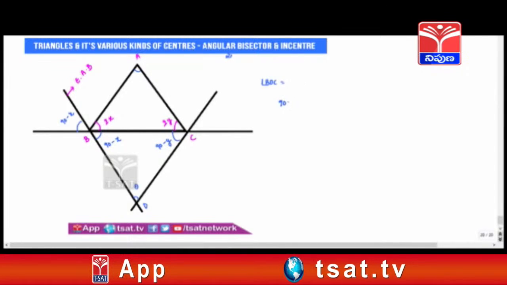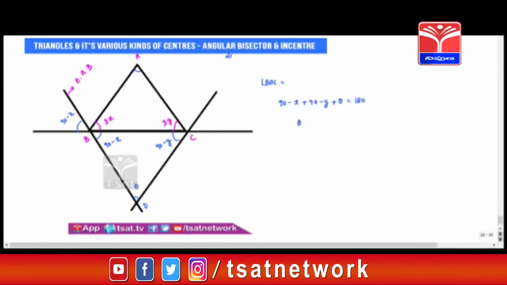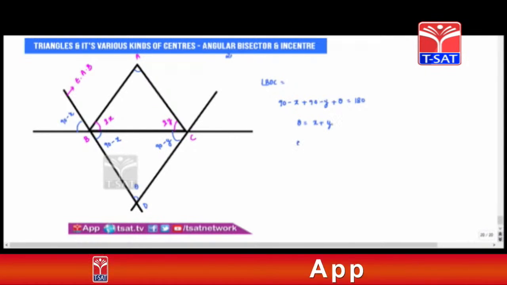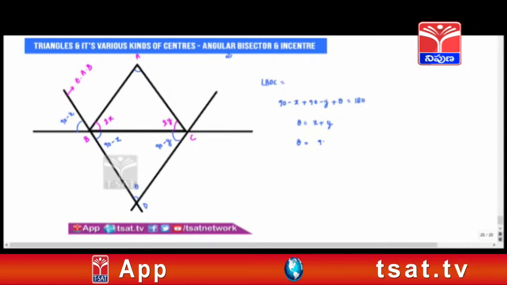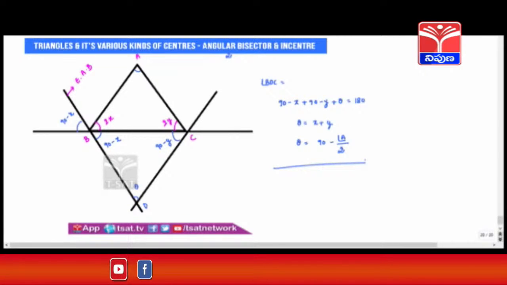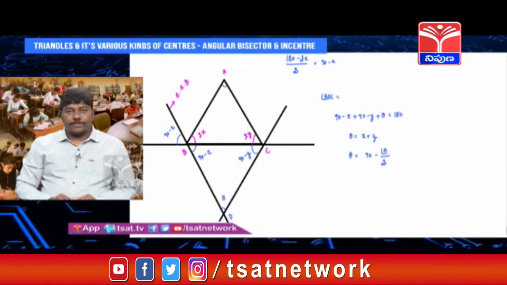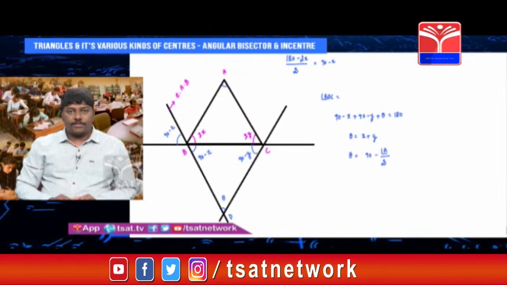So, in this triangle, 90 minus x plus 90 minus y plus theta is equal to 180. 180 cancels, theta is equal to x plus y. We know x plus y is equal to 90 minus angle A by 2. So, the angle formed when two external angular bisectors meet is 90 minus A by 2.